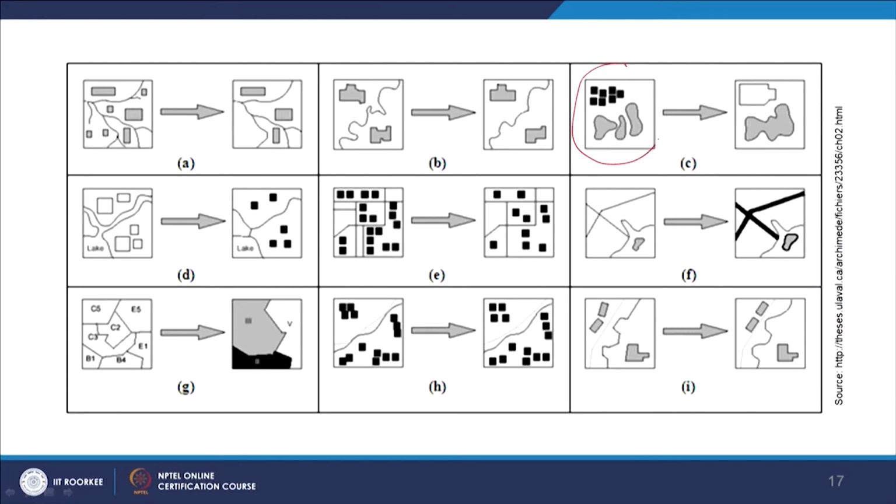If I take this one, then see when it got generalized, all these three water bodies have been merged into one at this scale, and the same with these houses, they have been merged as one block. So, depending on the data and my requirements of output scale, I may perform generalization.